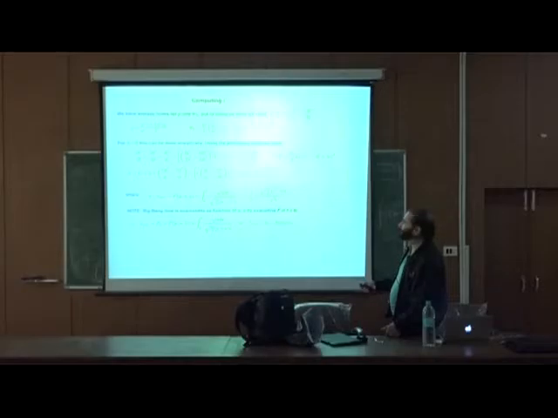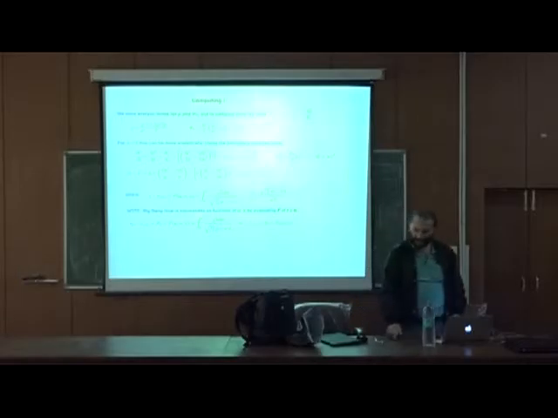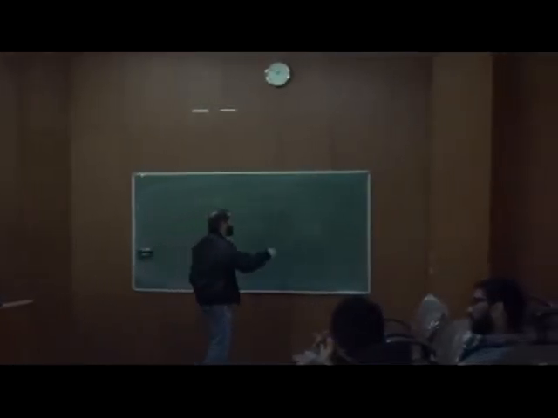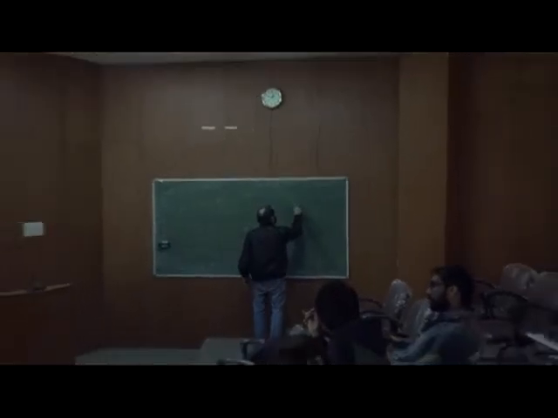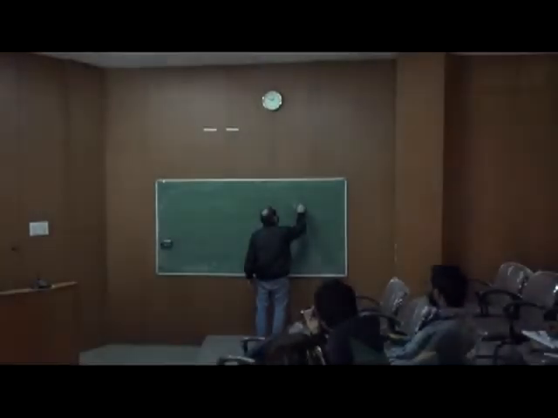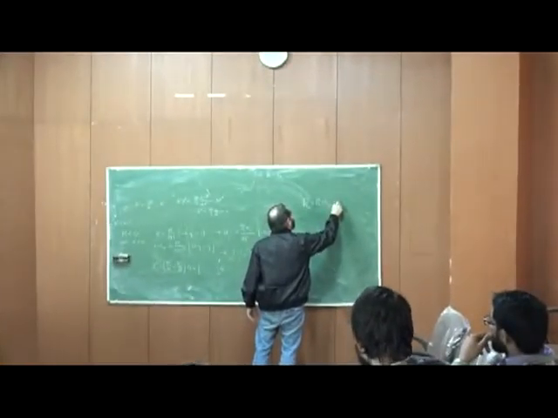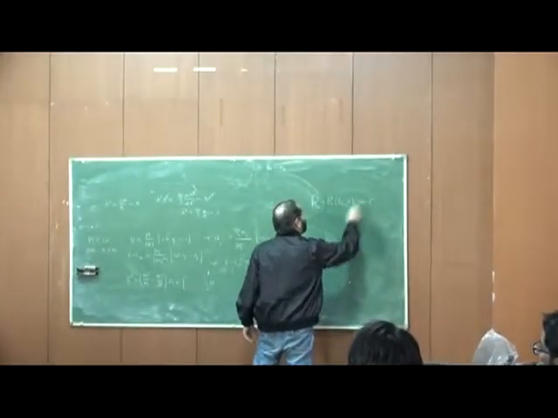Okay. Now, what happens if we set t equals to t0? If we set t equals to t0, then A becomes 1. Why does A become 1? Because remember that we're making this coordinate choice. We're saying R of 0, which is R at t0, equals R. Okay?